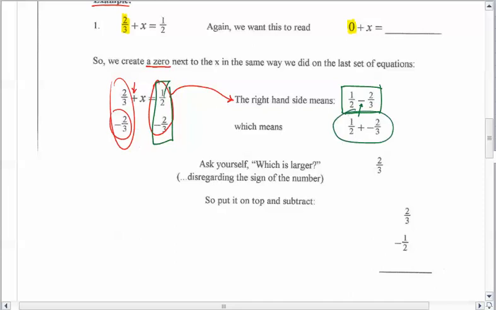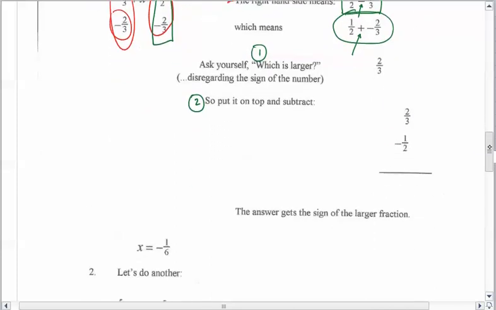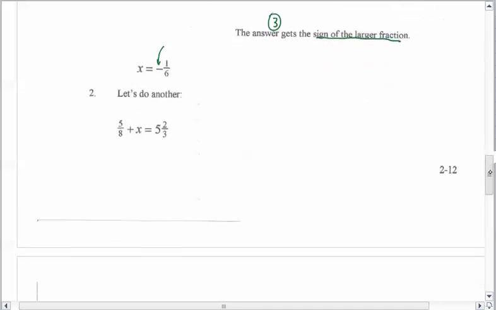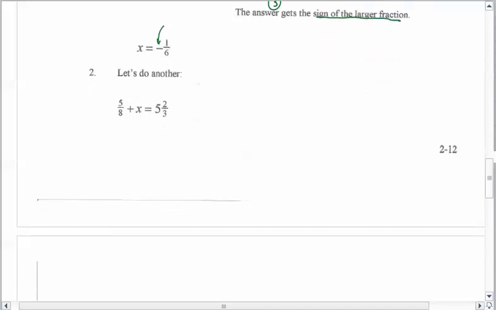Here are 2 fractions with different signs being combined with a plus, and therefore I'm going to subtract the numbers. Step 1, which is larger, put it on top. Step 2, subtract. And then, once we get our answer, the sign is the one of the larger fraction. That's step 3. Okay? Now, I'm going to go ahead and move on. You can do that one on your own later if you want. Let's move on and do another problem.